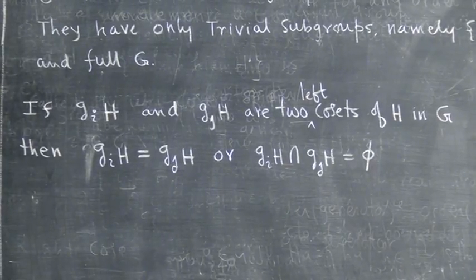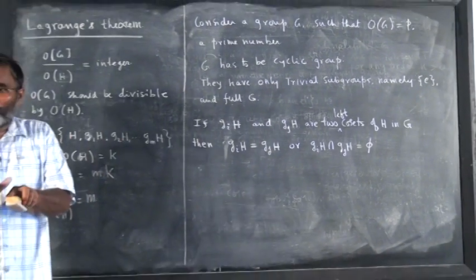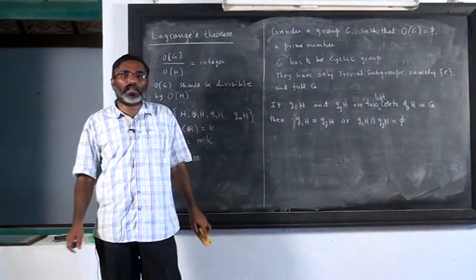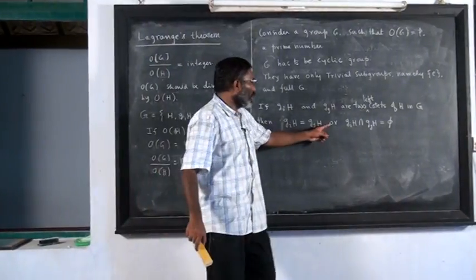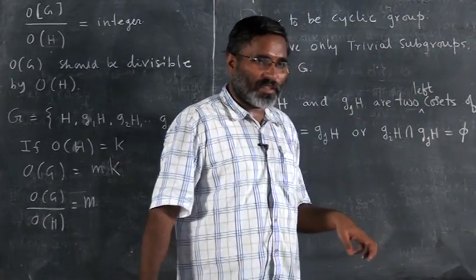If you take two cosets, either they are disjoint or they are the same. Their intersection is either null or the intersection is the full set.